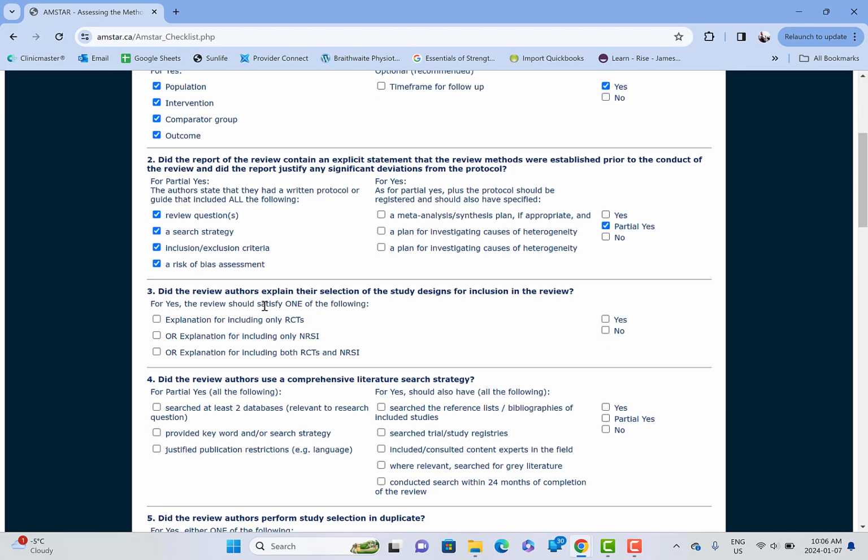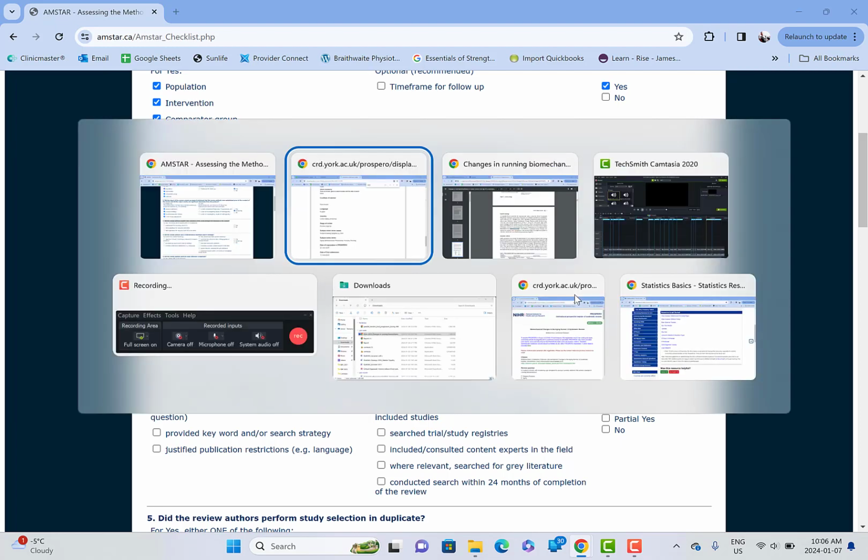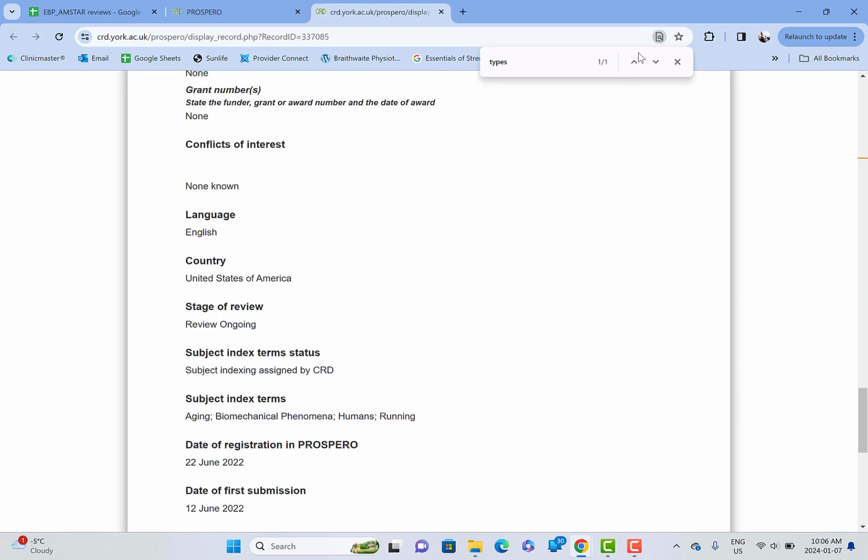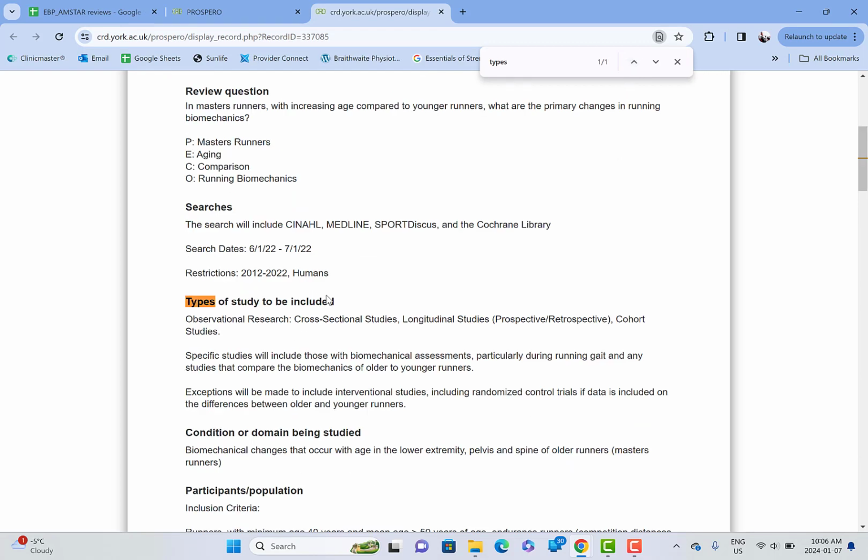Question 3 on the AMSTAR asks us, did the review authors explain their selection of the study designs for inclusion in the review? And indeed, in the Prospero registry, they do identify what types of study are going to be included under the title right here. Types of study to be included, which included cross-sectional studies, longitudinal studies, cohort studies.